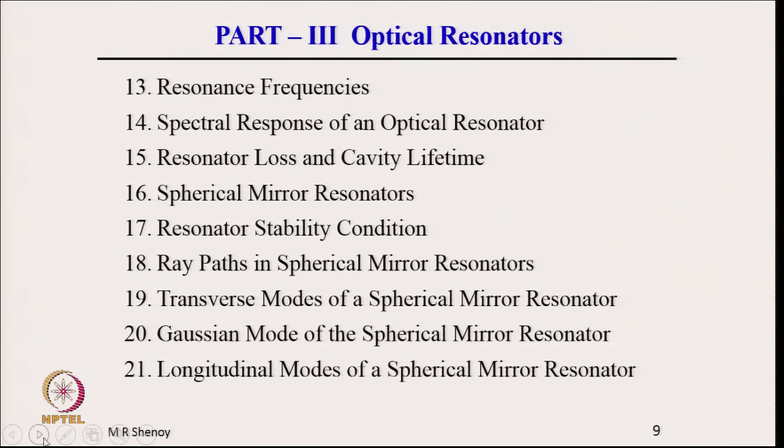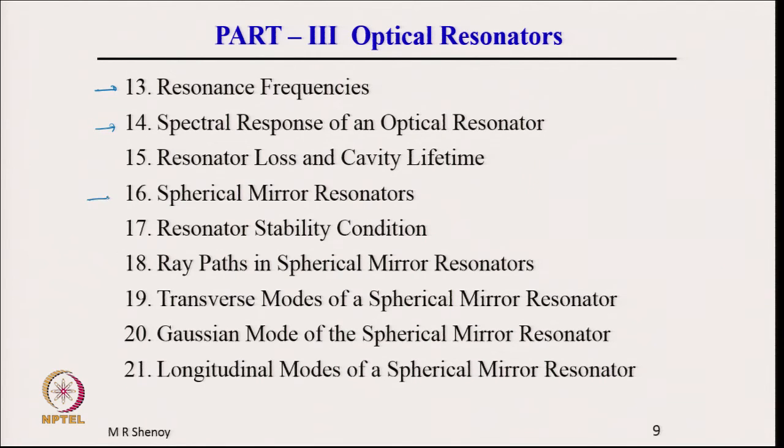Then we came to part 3, because optical resonators are an essential part of lasers, and it is the optical resonator which determines most of the important properties of the laser. Therefore, we discussed the resonance frequencies, the spectral response of the optical resonator, and how the resonator loss and cavity lifetime determine the spectral response.